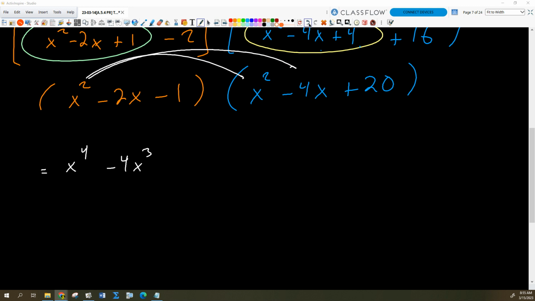And I'm going to make sure I keep a column for each power of x, right? So we can add things vertically. Good. Okay, so plus 20x squared.